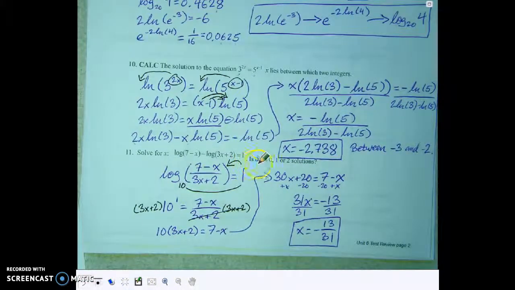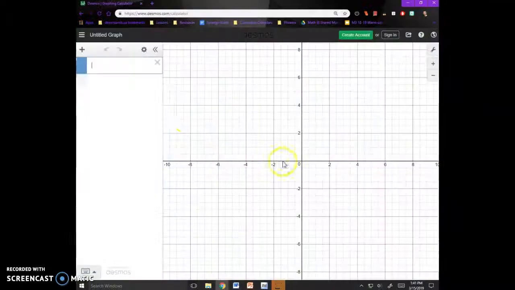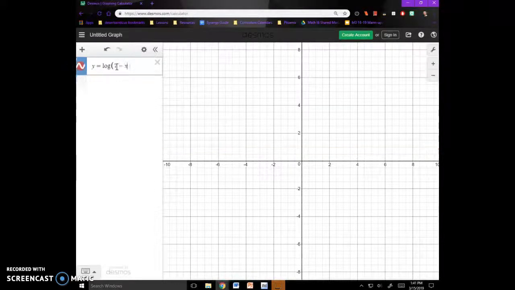So let's check. On Desmos, what I'm going to do is set one of my equations in one of those boxes equal to the left-hand side of this equation. Okay, and then I'm going to set the other side, I'm going to make a function where y is equal to simply 1. So we have y equals, looking back at my paper, log of 7 minus x, and then minus log of 3x plus 2.